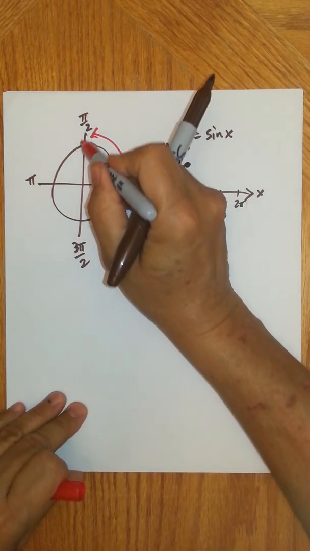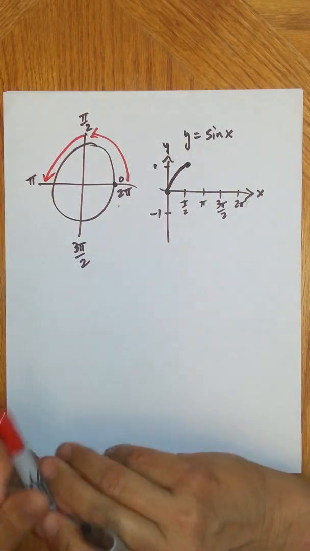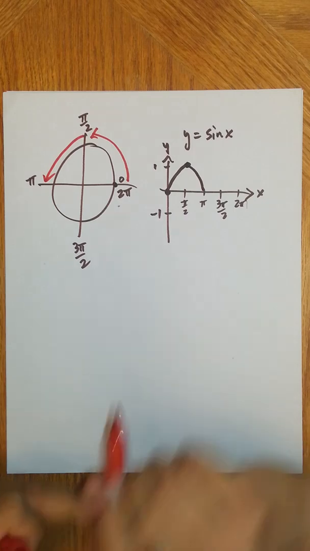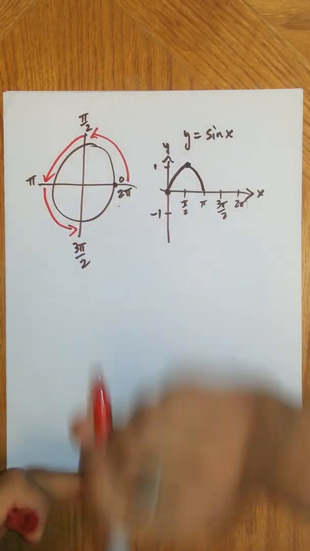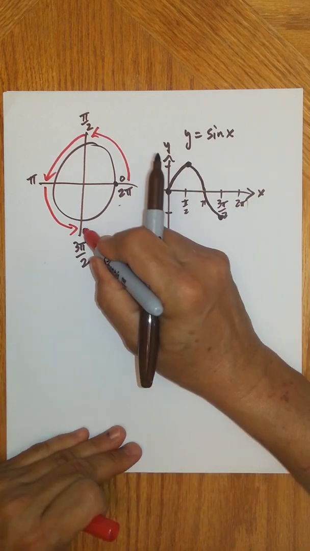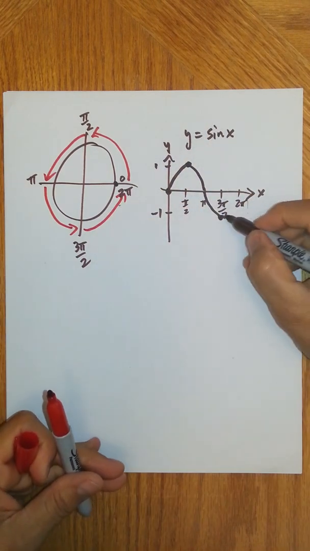And then, as I go from pi over 2 to pi, I create this part of the sine function. And then when I go from pi to 3 pi over 2, then I go to the min. And then when I go from 3 pi over 2 back to 2 pi, I complete the cycle by going like that.